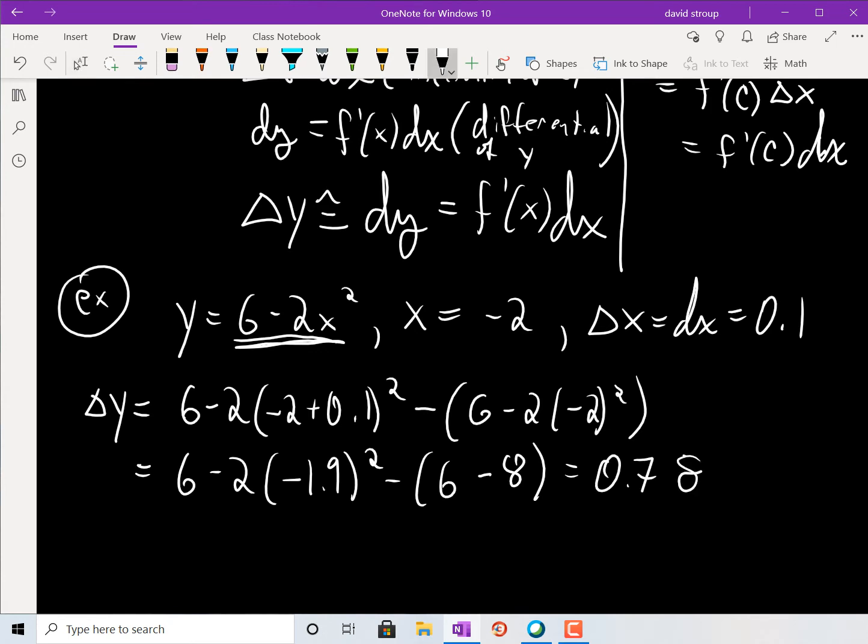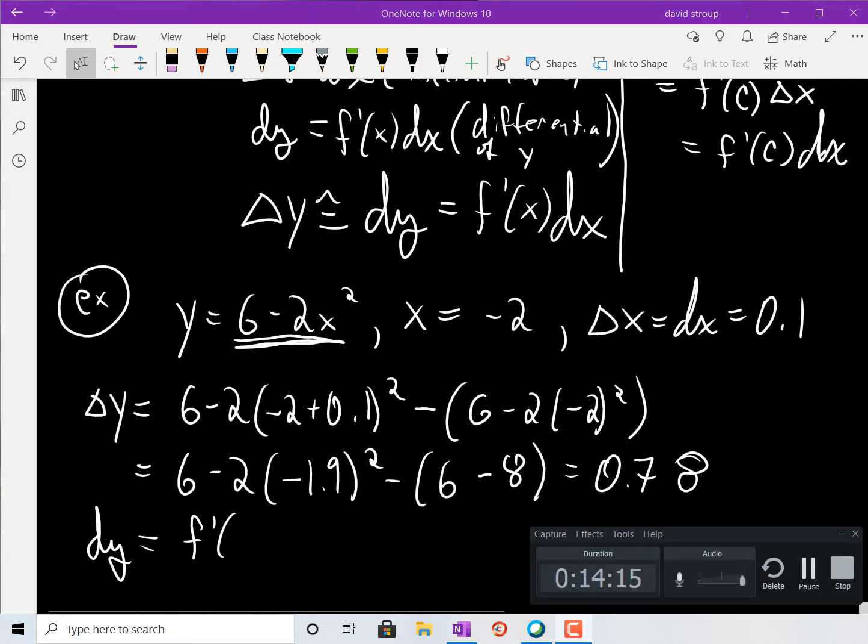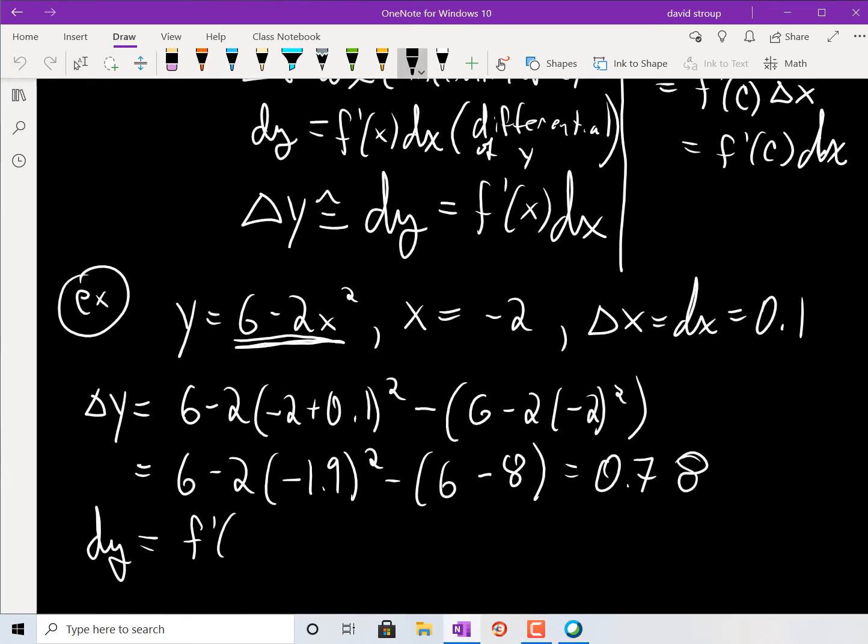Then we want to compare that to dy, the differential of y, which is f prime of x times dx. In this case x is -2, and dx is 0.1.